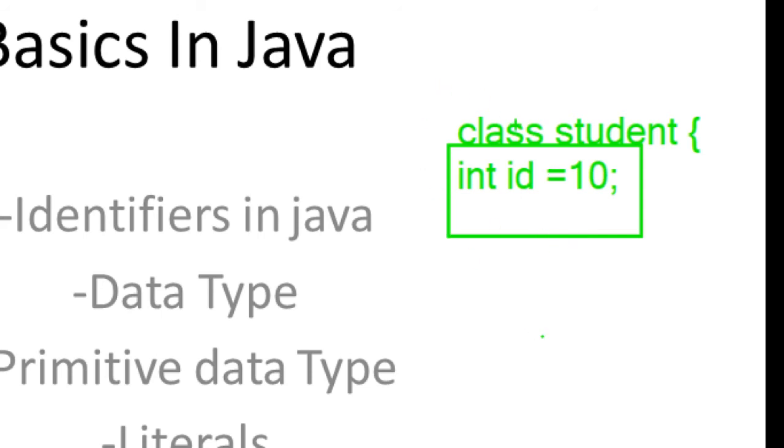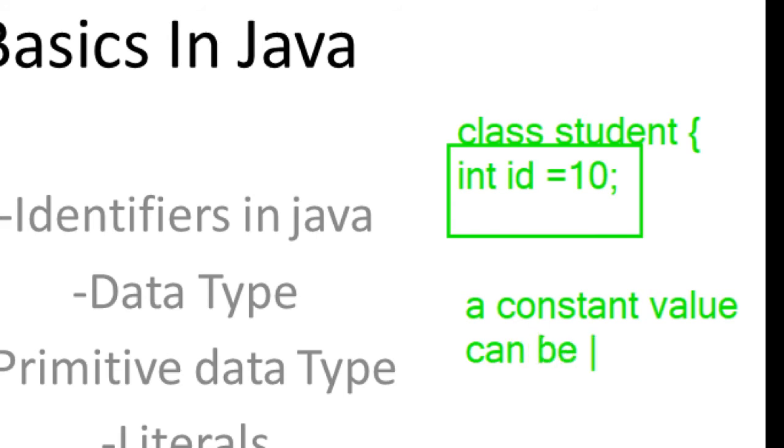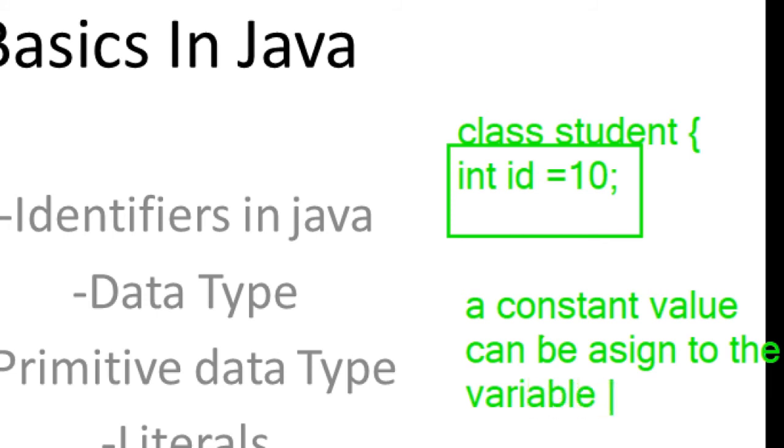So the definition of a literal is a constant value that can be assigned to a variable is called a literal.